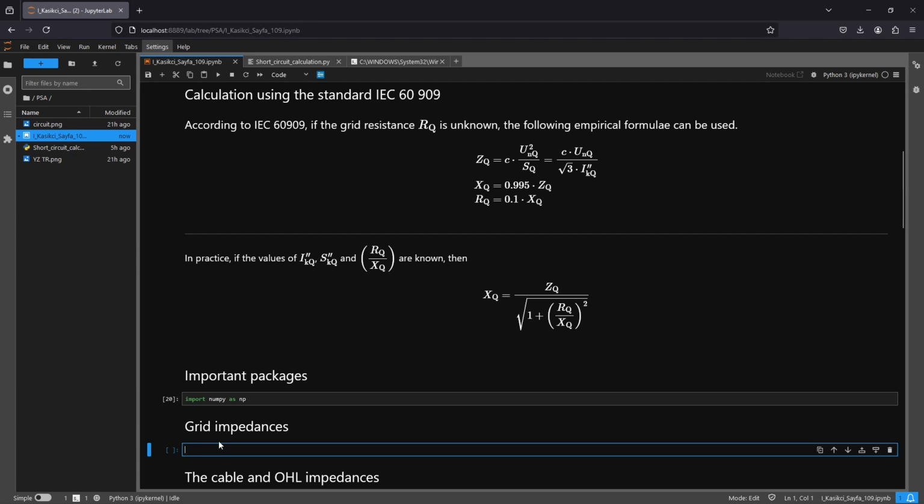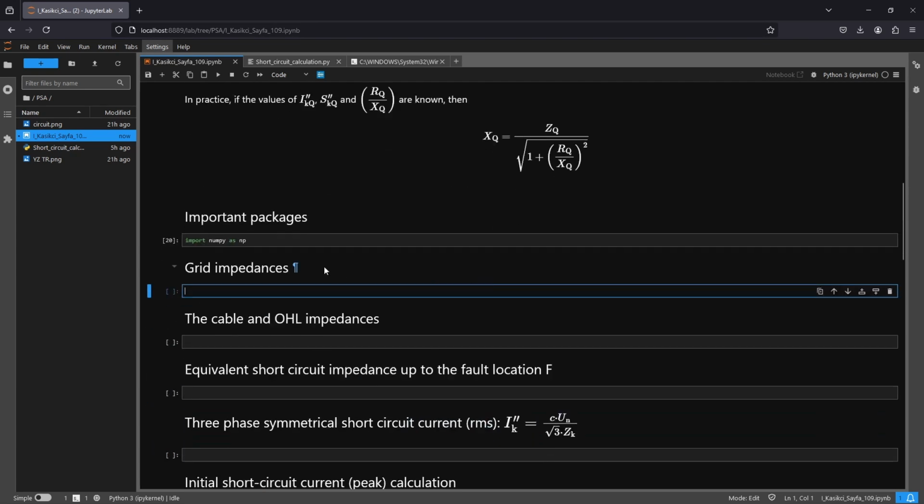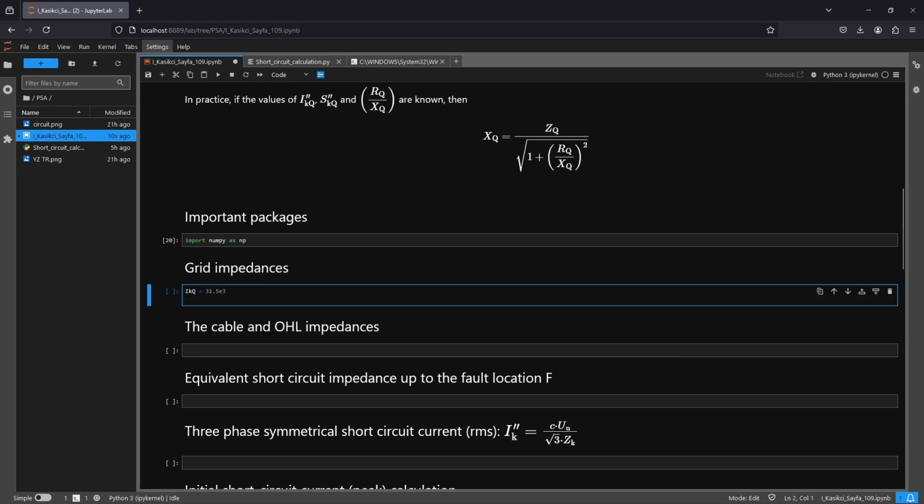Let's write the given parameters first. IKQ is equal to 31.5 kiloamperes. UnQ is the voltage of the grid, which should be 110 kilovolts.